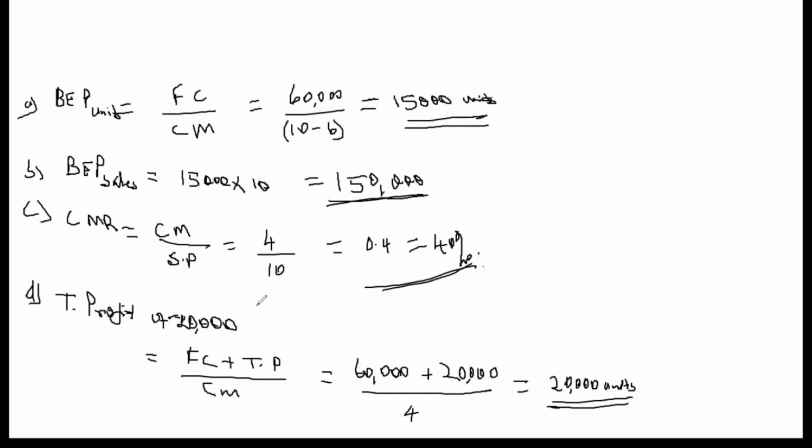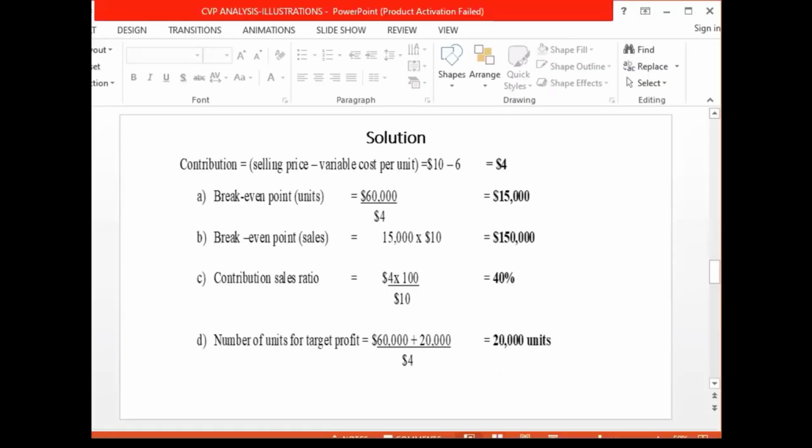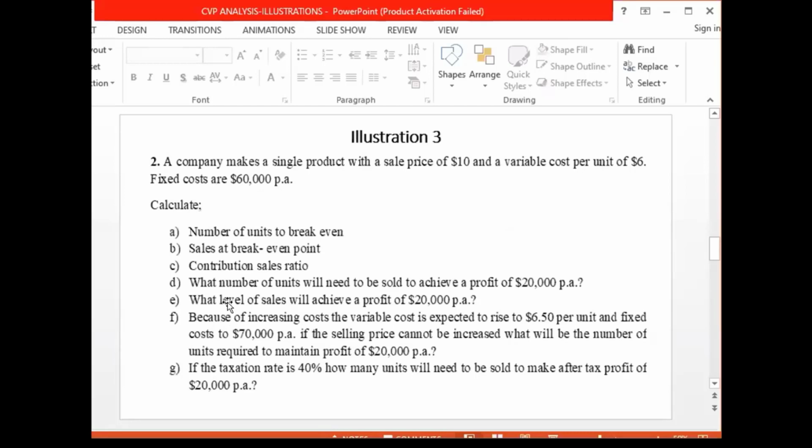Any question? I think that is direct also. Now, what level of sales will achieve a profit of 20,000 per annum?